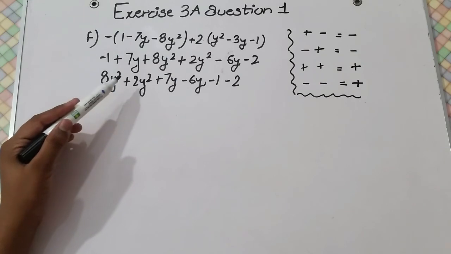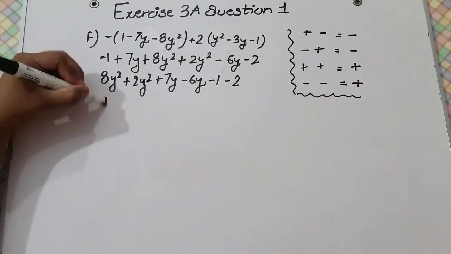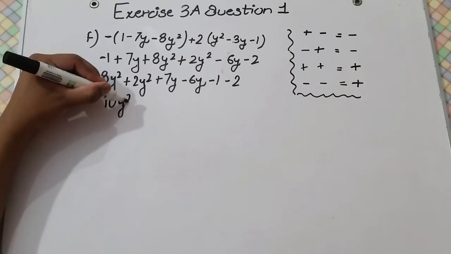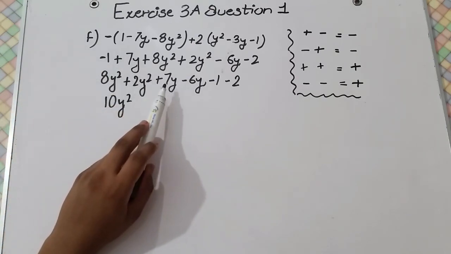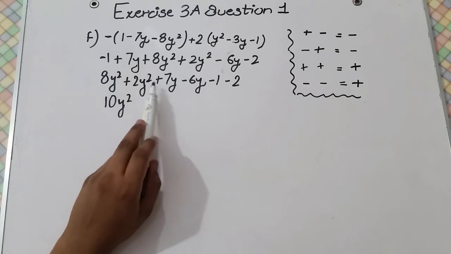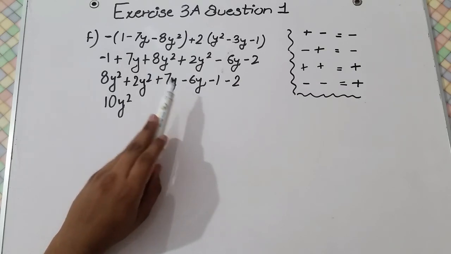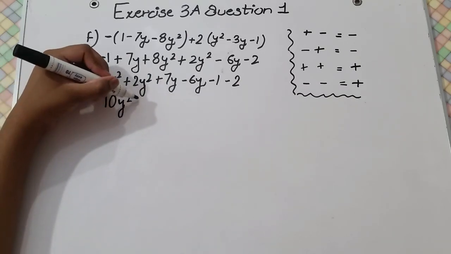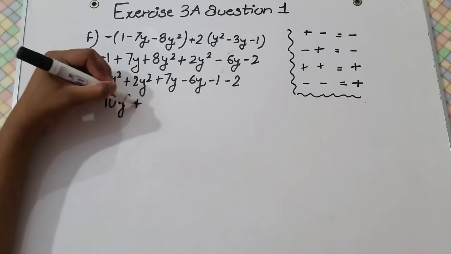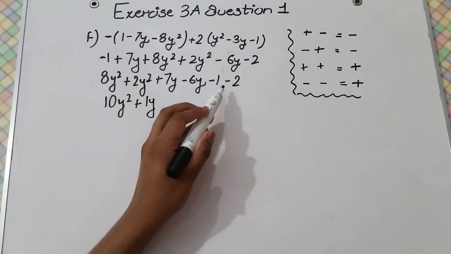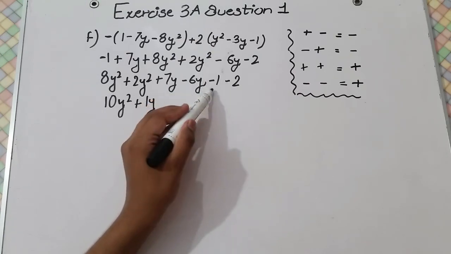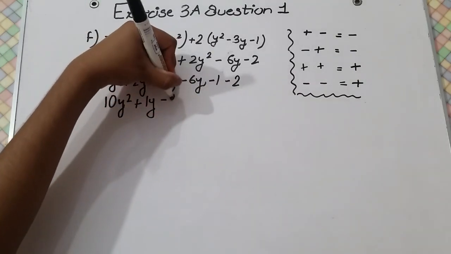So 8 plus 2 is 10y square, and then plus 7 minus 6 is 1y. So we are going to write plus 1y, minus 1 minus 2, is minus 3.